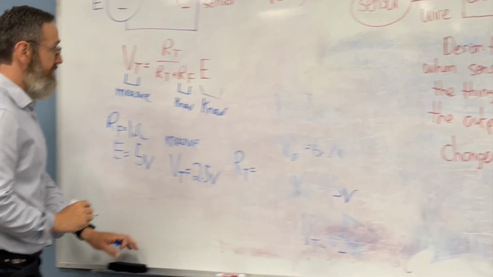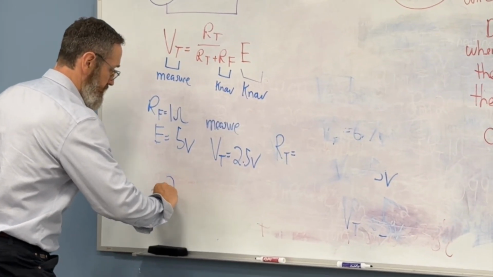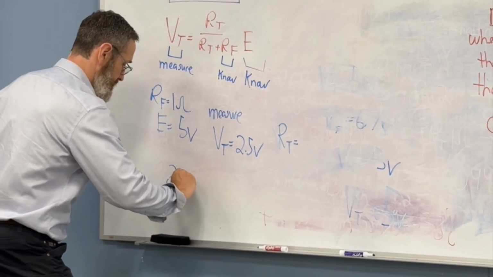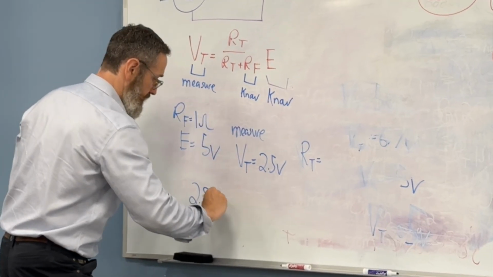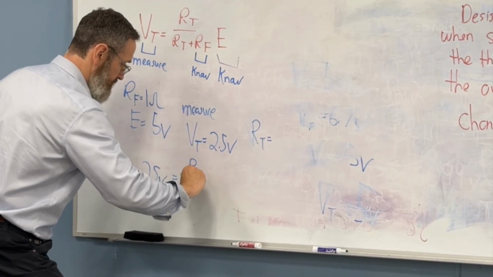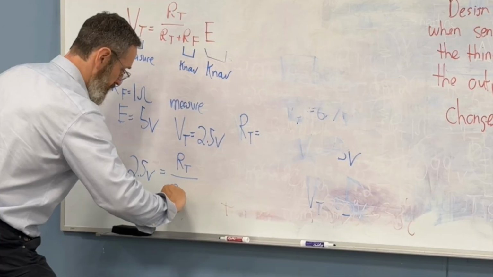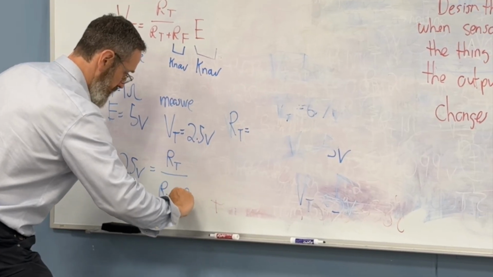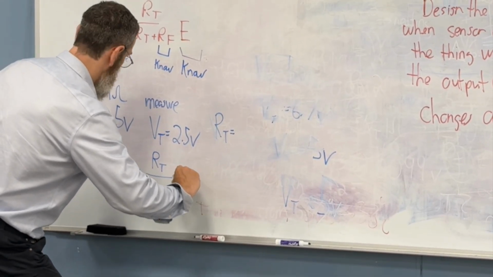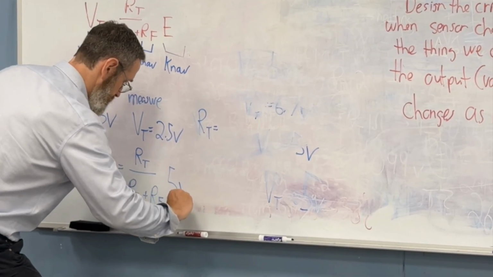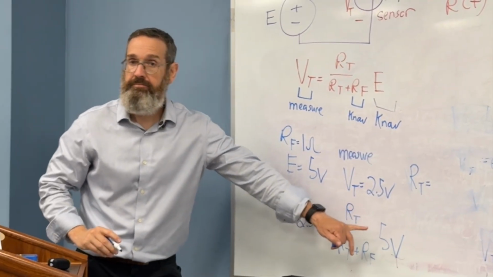Well, I tried to keep it simple. So we have 2.5 volts is equal to R_T over R_T plus R_F times 5 volts, right?